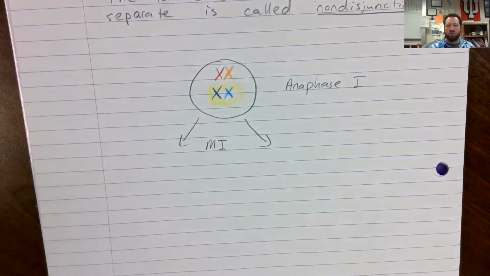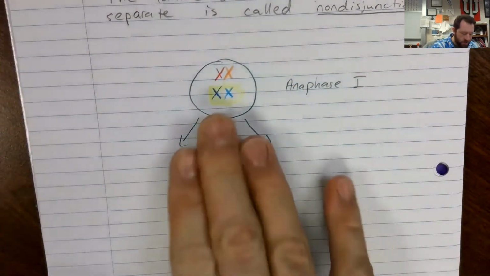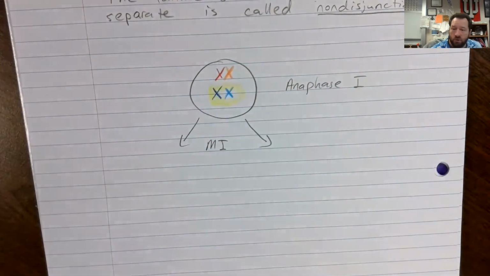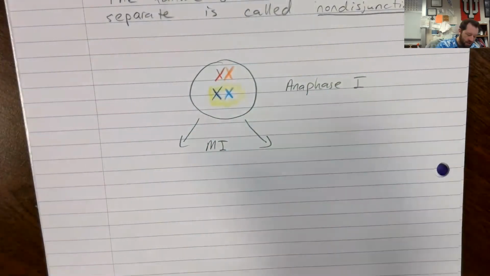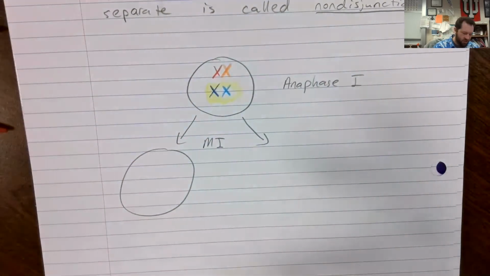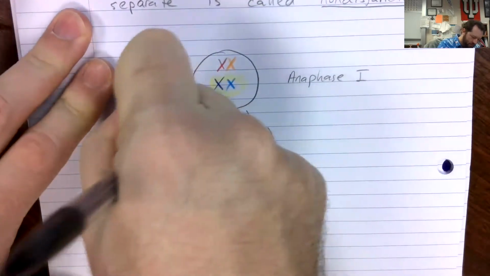What if these two just, for whatever reason, don't separate, they stay in their tetrad form, the spindle fibers don't attach properly to one end, and they both end up getting pulled? That's way too big of a cell, sorry. Should be half that size, not twice that size.